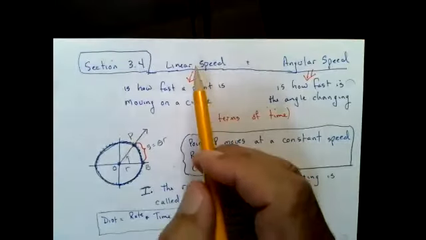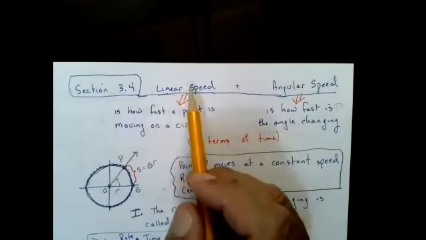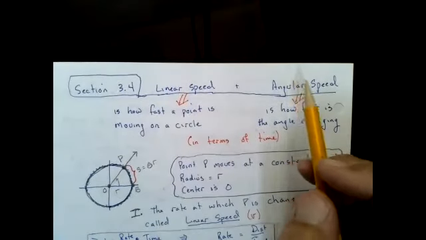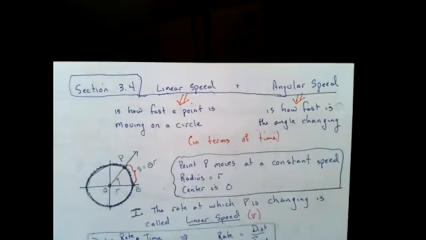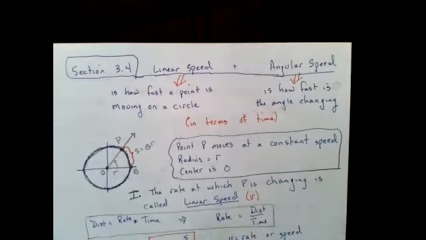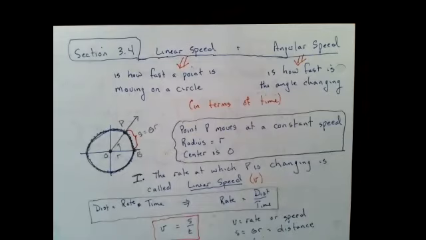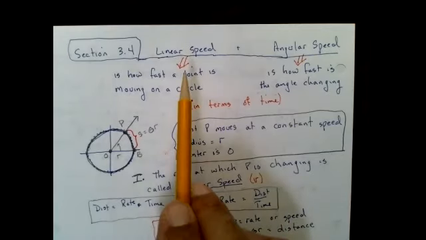So in 3.2, we had the arc length, and we had the area of a circle. Two formulas, we have them, they're all good. In Section 3.4, we're going to continue with this idea, and it's similar but a little bit different. We're going to talk about linear speed.